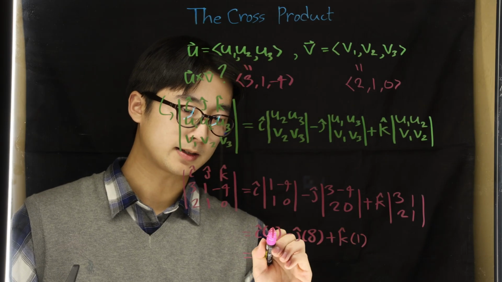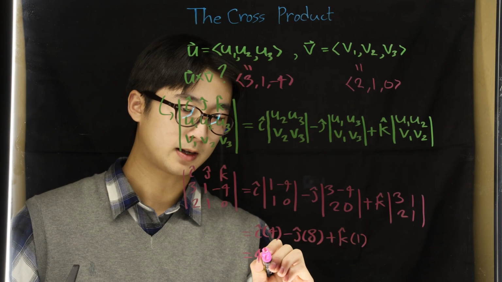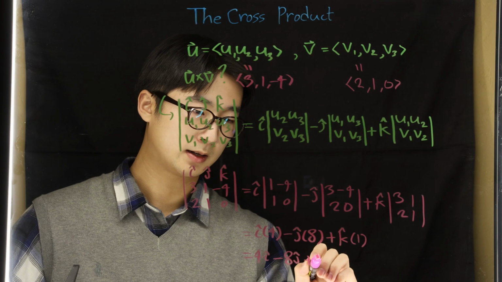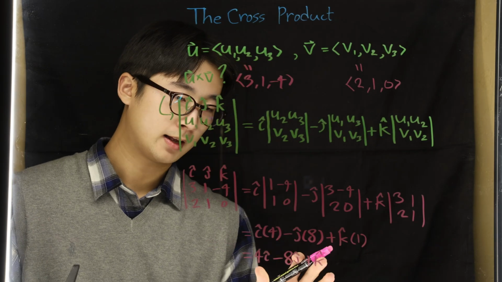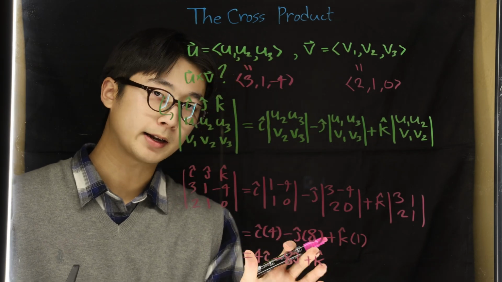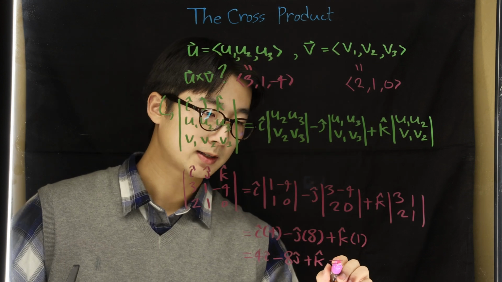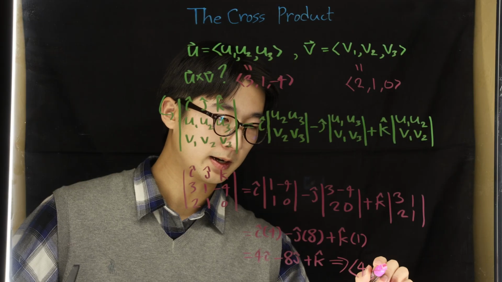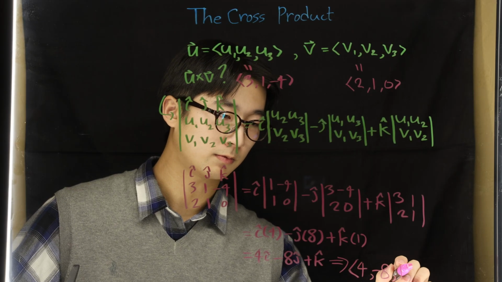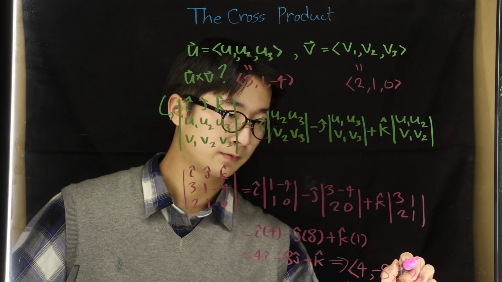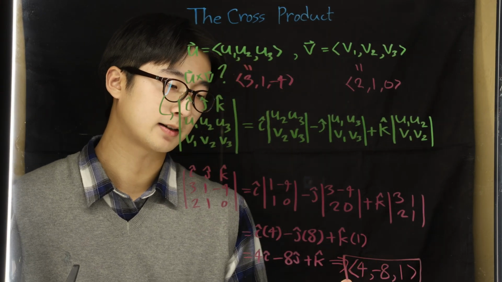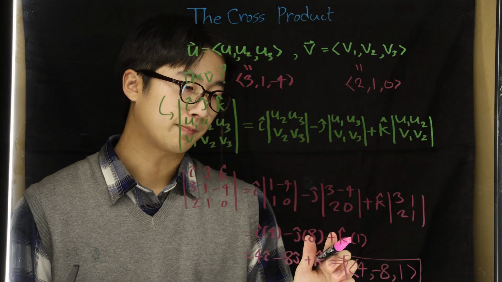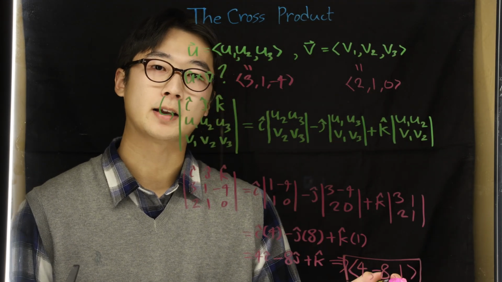We can rewrite it as 4 i hat minus 8 j hat plus k hat. Now we can rewrite it in vector form. So this is equal to 4, minus 8, and 1. This is the result. This is the cross product of u and v, the vector 4, minus 8, and 1.